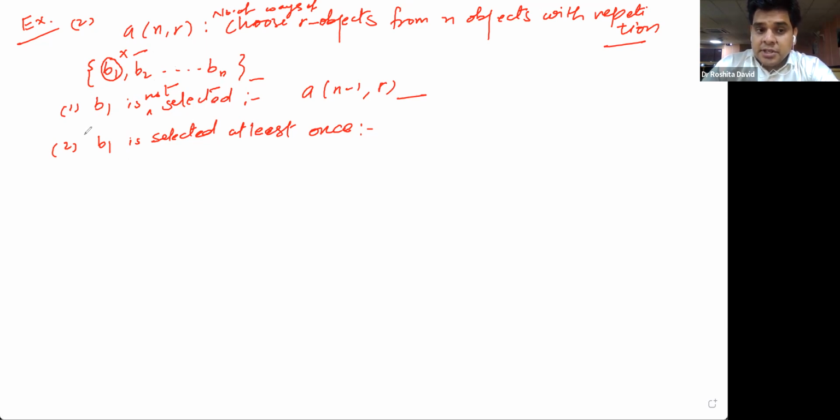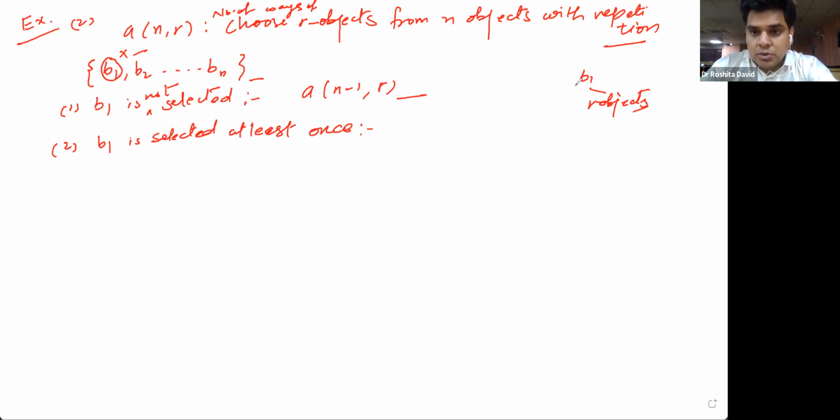Now, second condition, if b1 is selected at least once, b1 is present in those r objects now. That is, if I remove b1, there will be r minus 1 objects, because b1 is selected at least once.